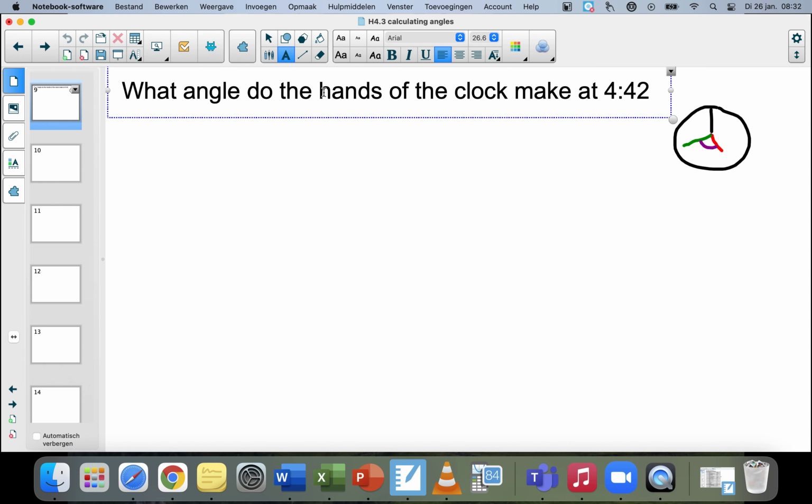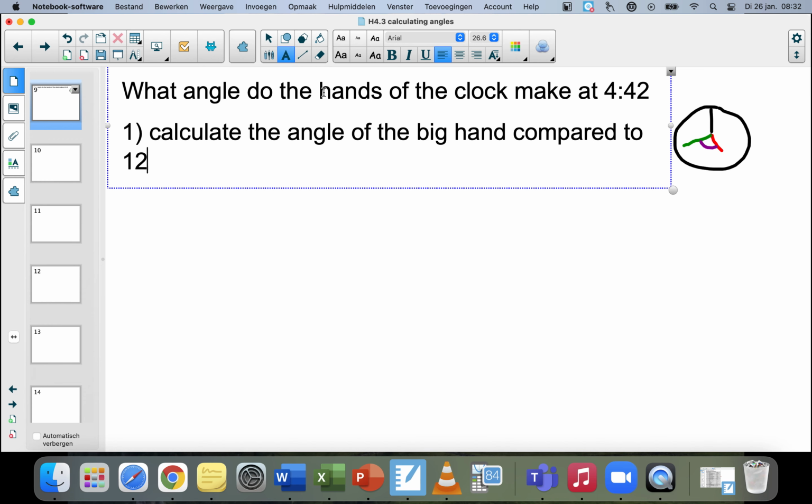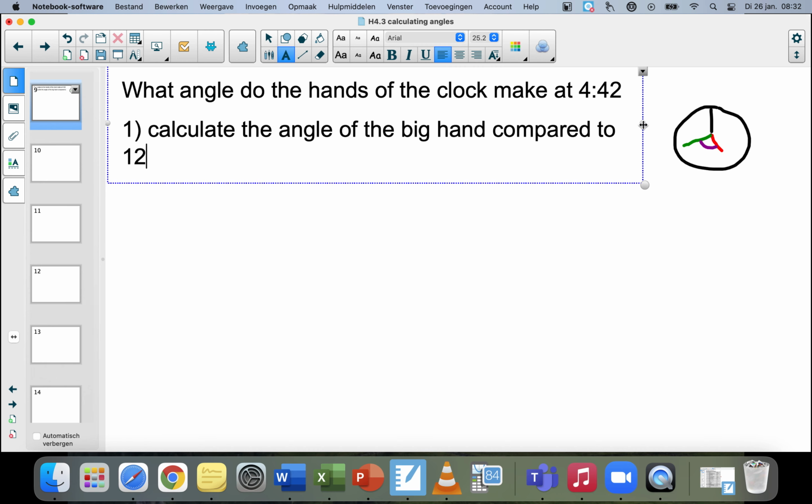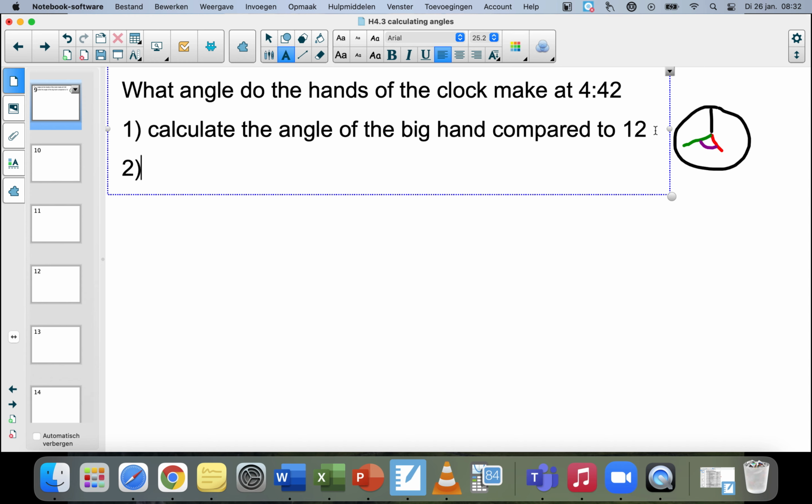So the first step is to calculate the angle of the big hand compared to the 12 in 12 o'clock.